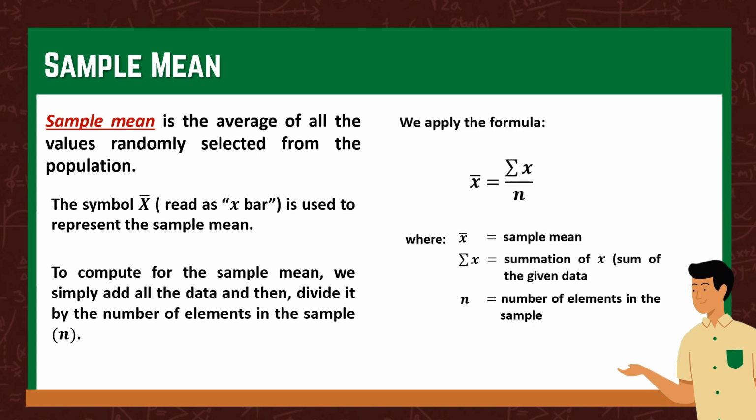We apply the formula. X bar equals the summation of x divided by small letter n, where x bar is the sample mean, the summation of x is the sum of the given data, and n is the number of elements in the sample.